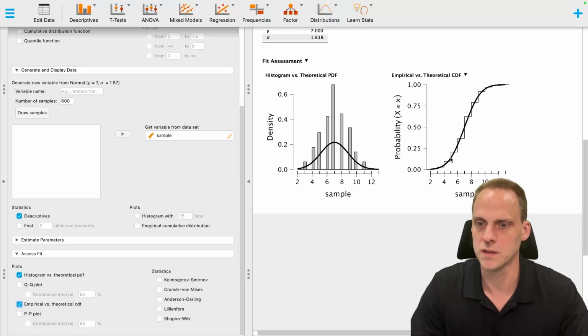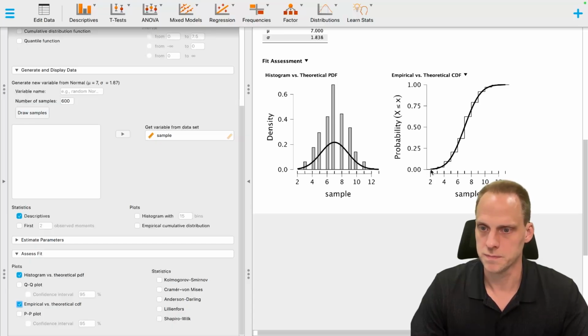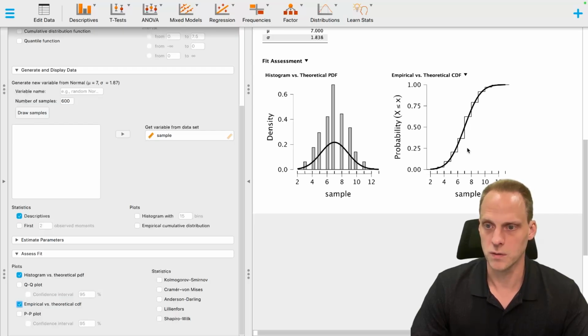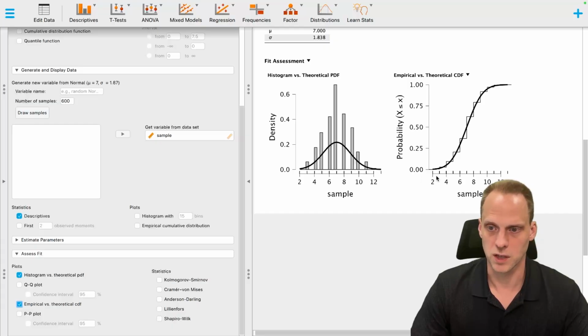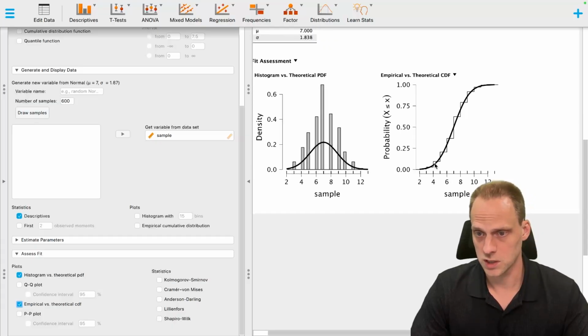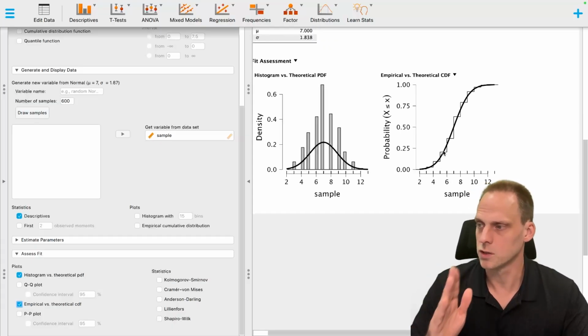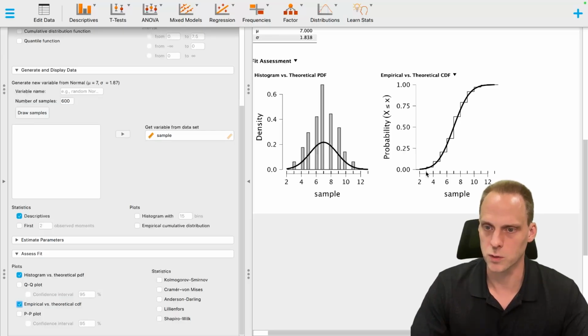What can we see here? We can see two shapes. The smooth one, which is from the theoretical distribution, and the stepwise one, which is from the empirical distribution. Now this tells me it goes in these steps because it has only certain numbers it can take, right? It can only take 2 or 3 or 4 or 5.